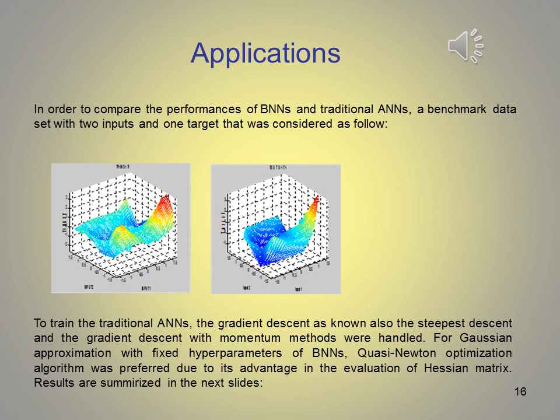For Gaussian approximation with fixed hyperparameters of Bayesian neural networks, the well-known BFGS algorithm was preferred due to its advantage in the evaluation of Hessian matrices. Results are summarized in the next slides.